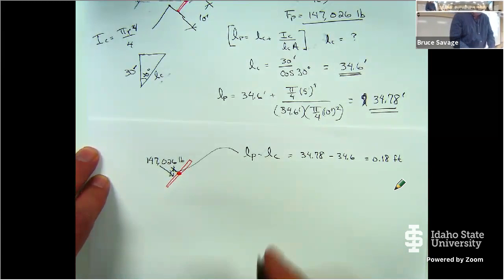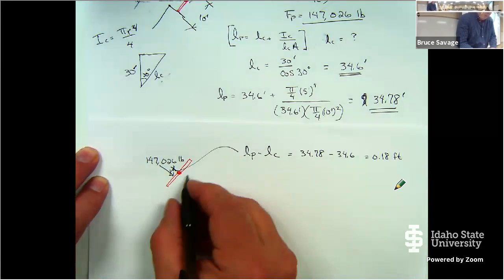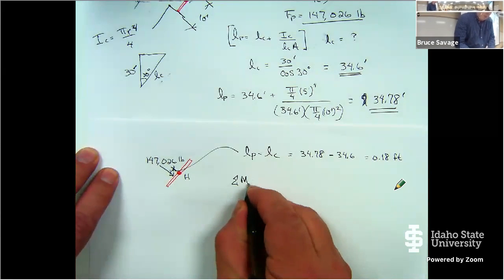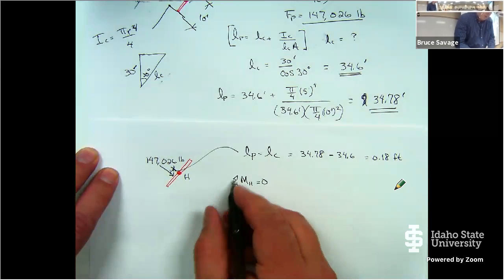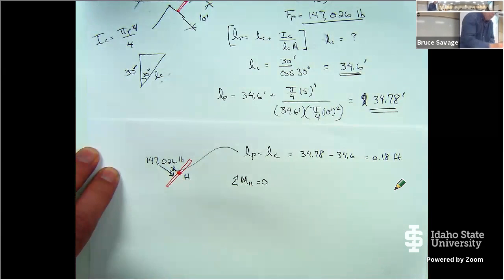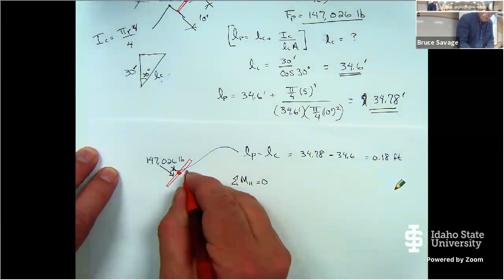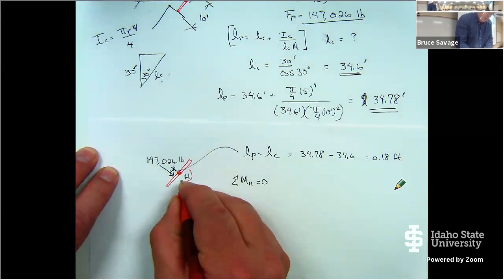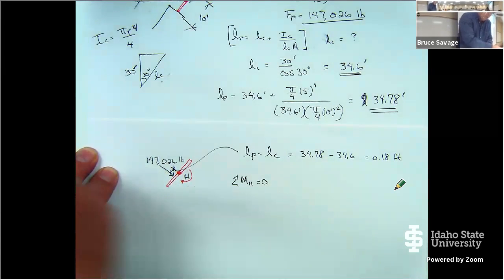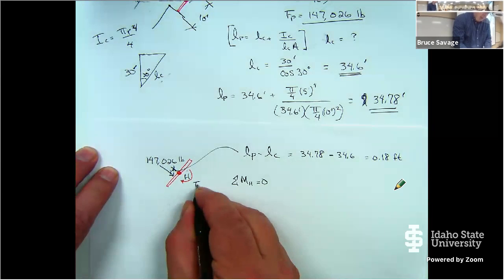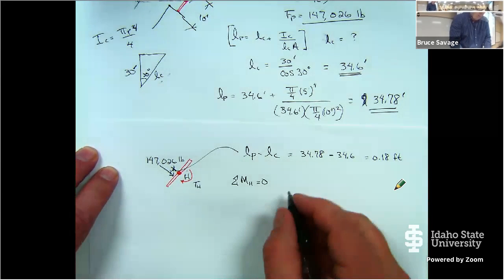Now if I take the sum of the moments about the hinge, they have to be equal to 0. That's not a very good free body diagram, I should actually apply a torque. And the torque to keep this thing closed is going to have to act in the opposite direction to keep that bottom from rotating. So we're going to call that T sub H, the torque of the hinge.